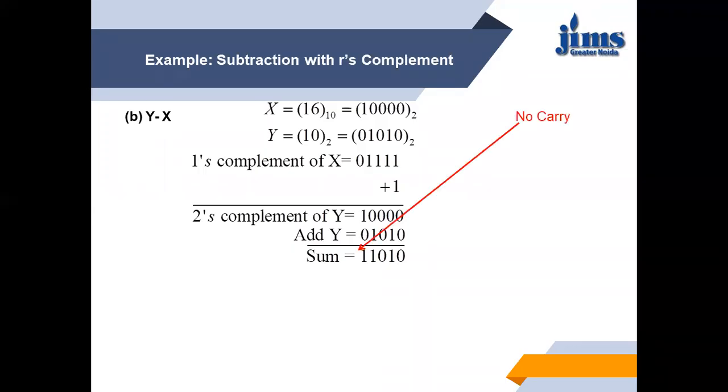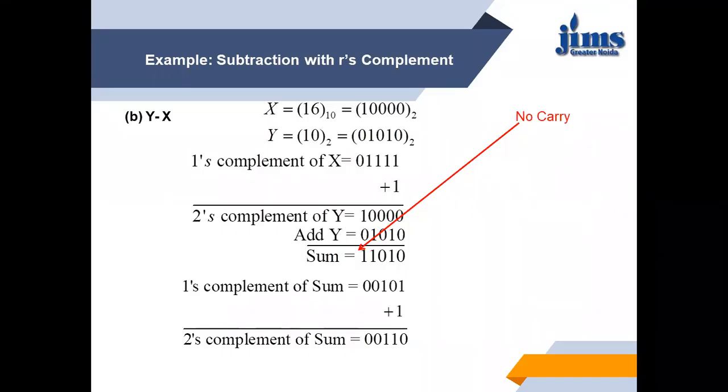So what we do is take the 2's complement of the sum again, and put a negative sign before that. The 2's complement of the sum can be calculated: first take the 1's complement of the sum, then add 1 to the 1's complement. So the 1's complement of the sum is, I have just replaced 0 by 1 and 1 by 0.